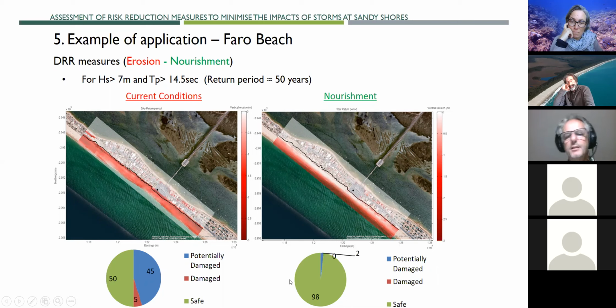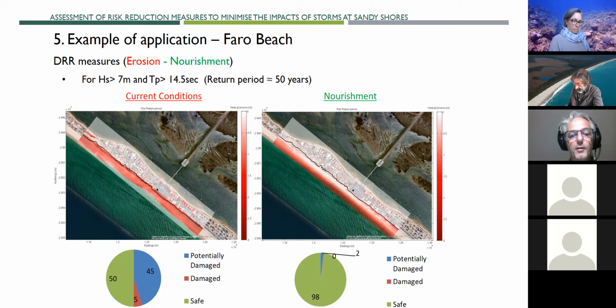So this means that we reduced the risk from 50% of houses being damaged or potentially damaged to just 2%, which means a 96% effectiveness using the nourishment. Okay, so we can assess the nourishment, and we can know that the nourishment here would have a 96% effectiveness.